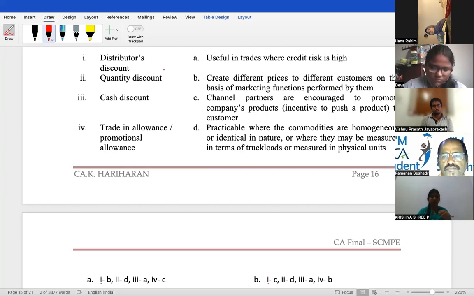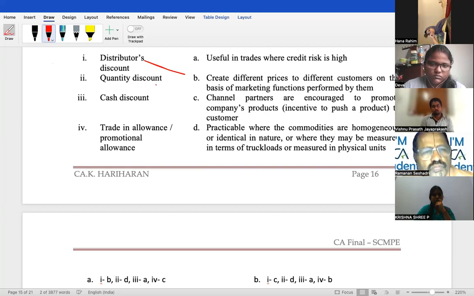Yes. 1 B. Quantity discount. Option D. Identical nature, truckloads, practicable where the commodity is homogeneous, identical in nature, measured in physical units.